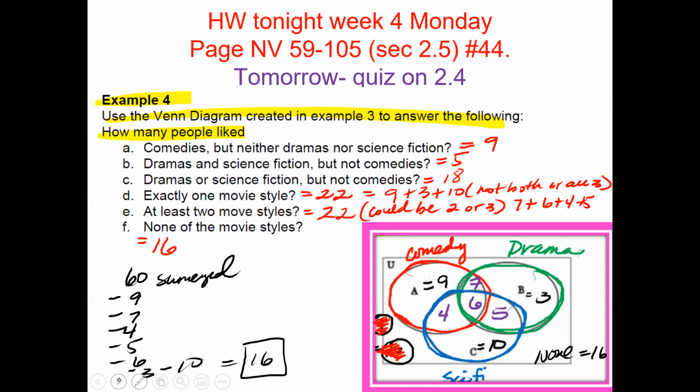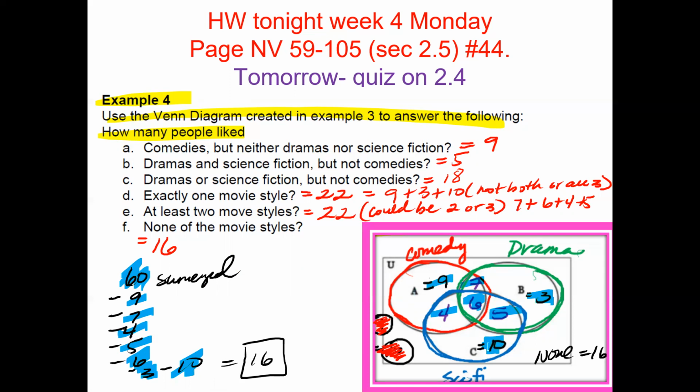And if you're not sure how we got to 16, remember there are 60 people that were surveyed for the entire survey. Okay, 60 people. So you're going to take that 60 and you're going to minus everything that's inside the circles, like 9, 7, 4, 5, 6, 3, and 10.